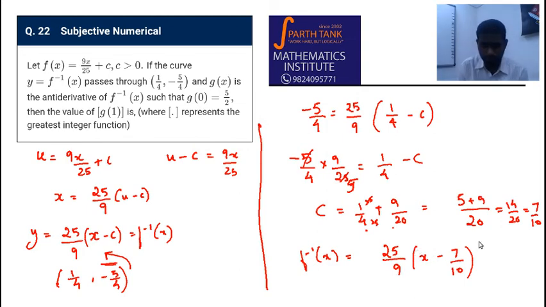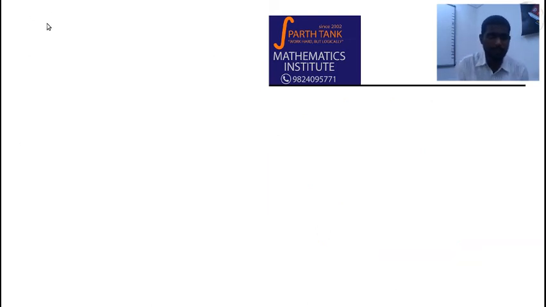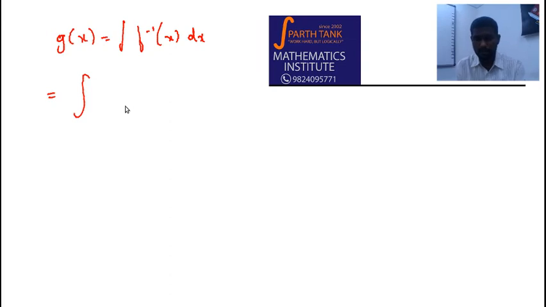Next thing is to find g of x, which is the antiderivative of f inverse of x. That is, g of x is the integral of f inverse of x. So that is the integral of 25 by 9 into x minus 7 by 10.